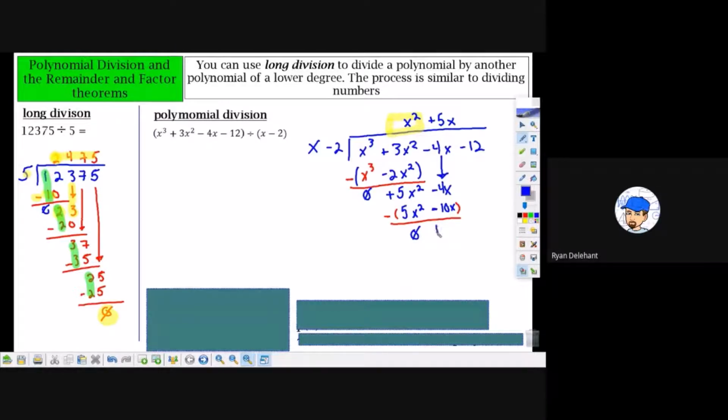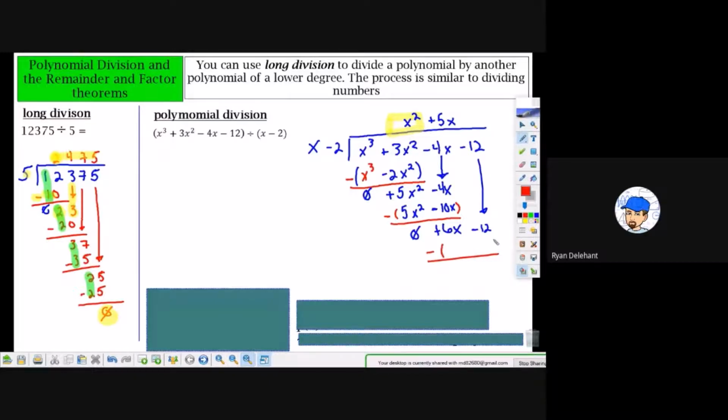Positive. Because you're doing negative 4 minus negative 10. Remember, minusing a negative turns it into a positive. Pull down the last term. You get a minus 12.